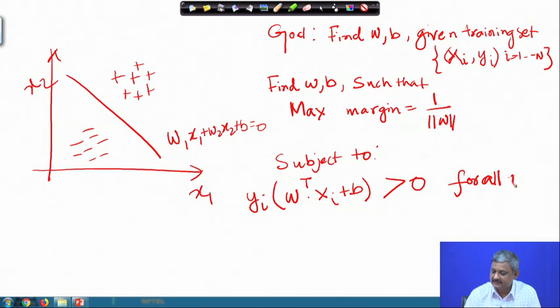This is the first condition we had derived, that all points should be correctly classified, positive points on the positive side, negative points on the negative side.